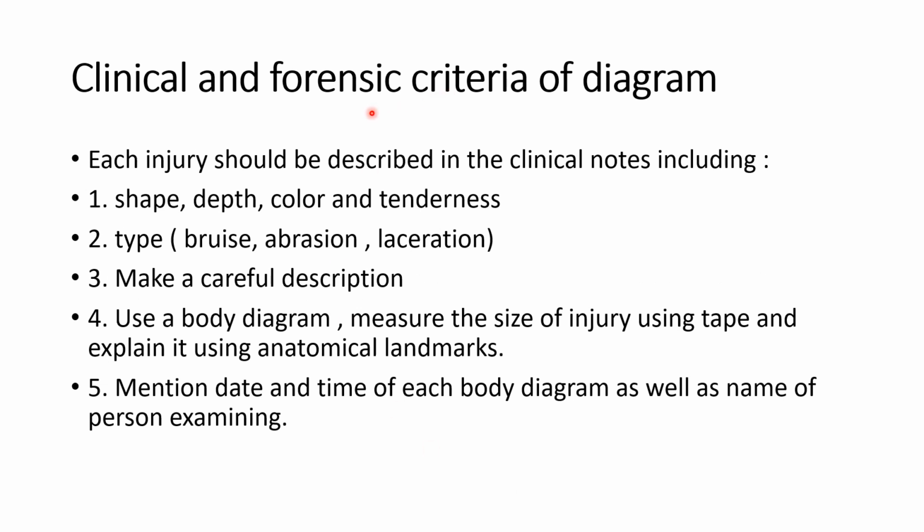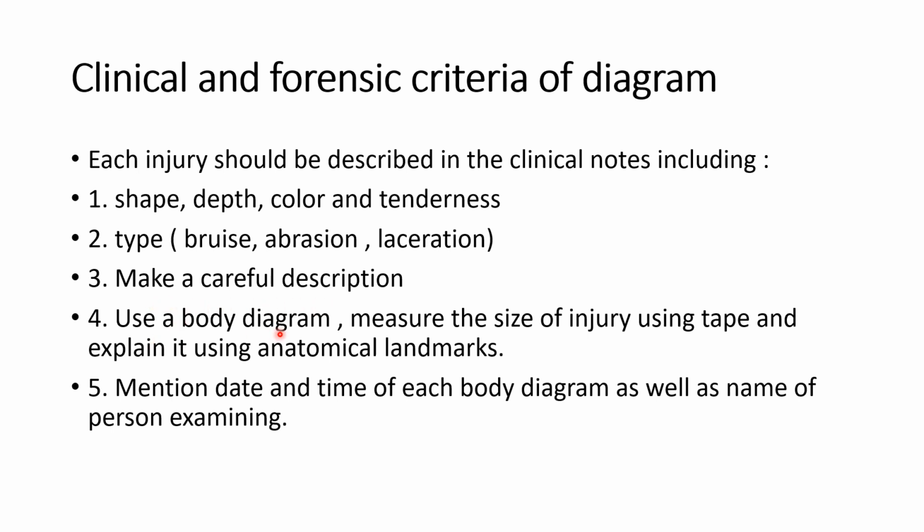Okay, so the clinical and forensic criteria of the diagram. Whoever has examined that woman, he or she has to draw the diagram of the particular injuries of that area where the injuries are present. Each injury should be described in clinical notes, including shape, depth, color, and tenderness. Type of that injury, like it is a bruise, it is an abrasion, it is a laceration. Make a careful description. You have to write whatever is seen.